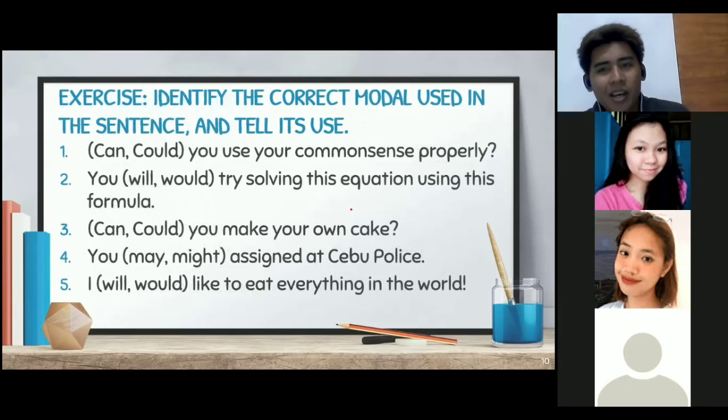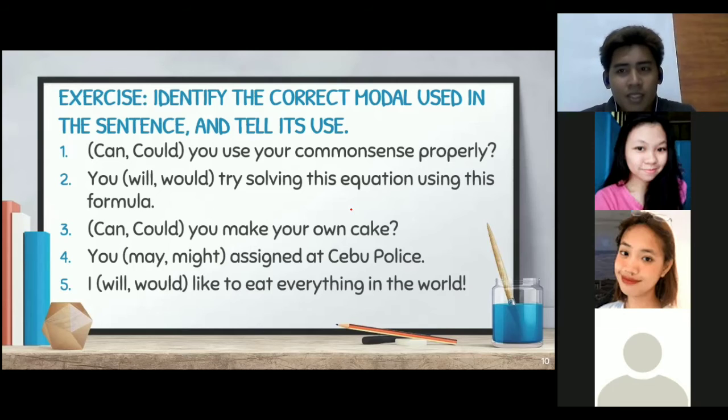So now, for our exercise, I will give you 3 minutes to identify the correct modal used in the sentence and tell its use on your own. Because we all know that in using modal verbs, we cannot say that it is a standard emotion.